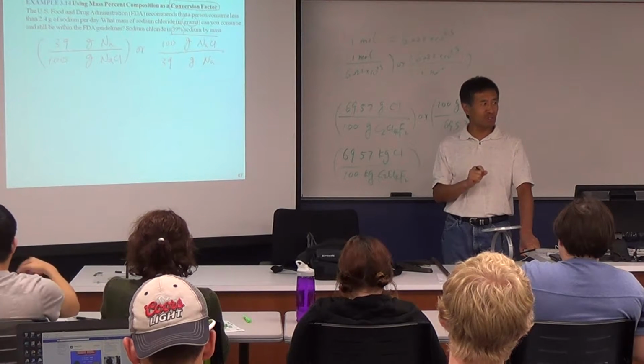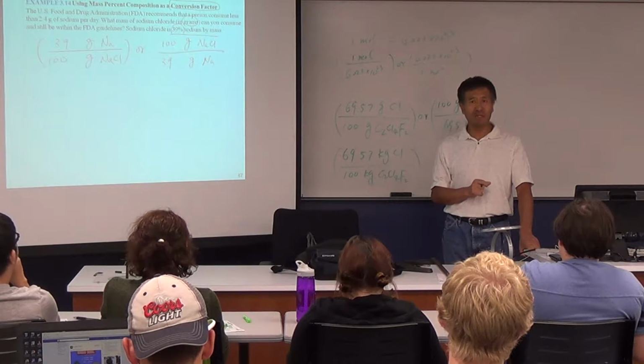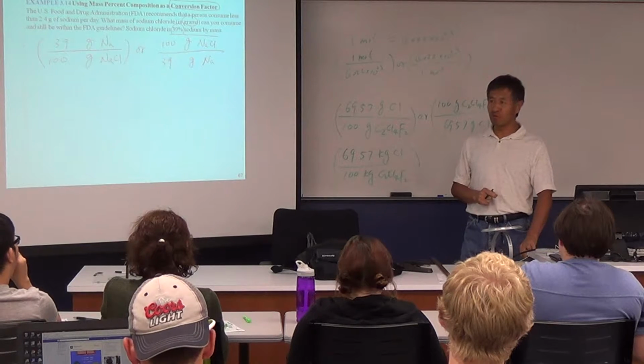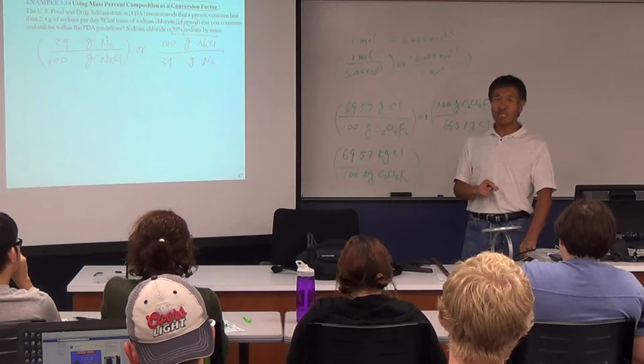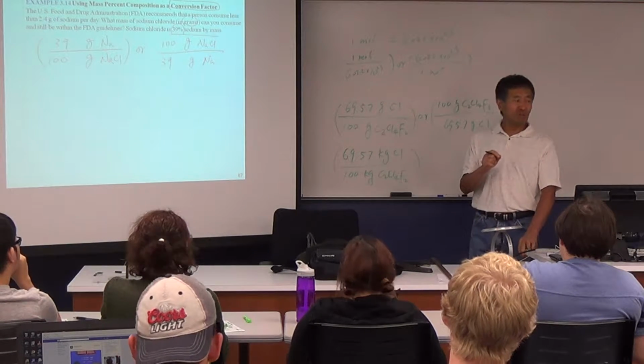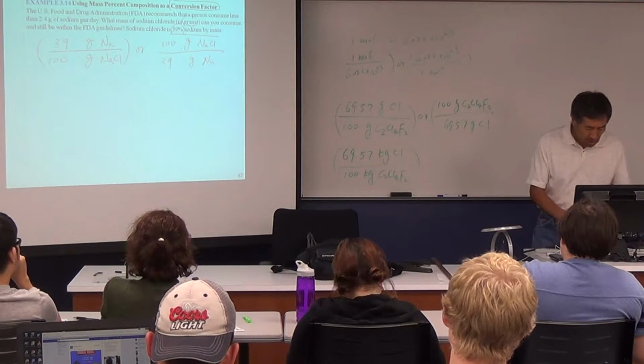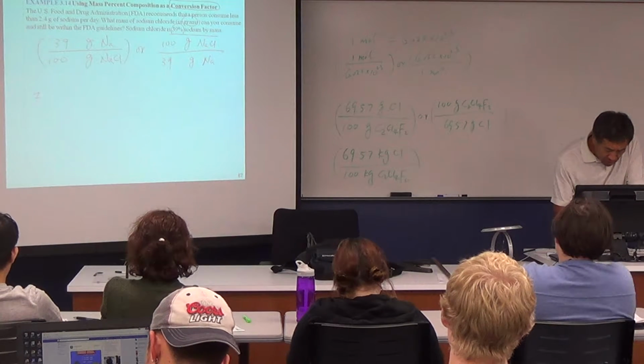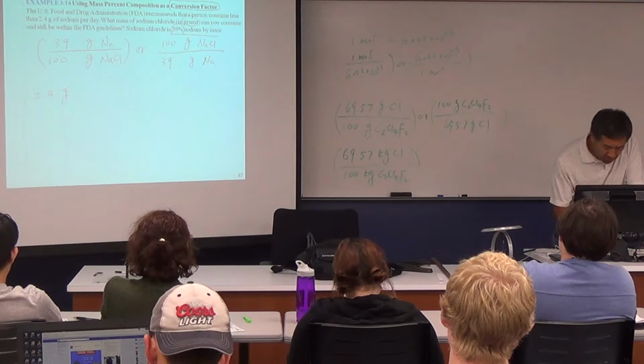When you have this information, think about the two possible conversion fractions. Which one you use depends on what other information is given to you. So the other information given to you is 2.4 gram of what?